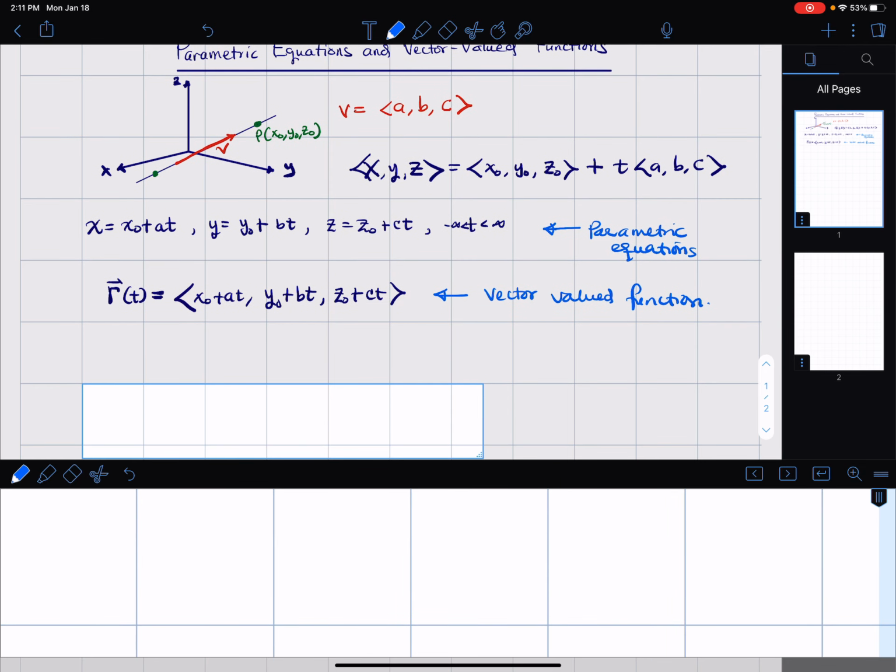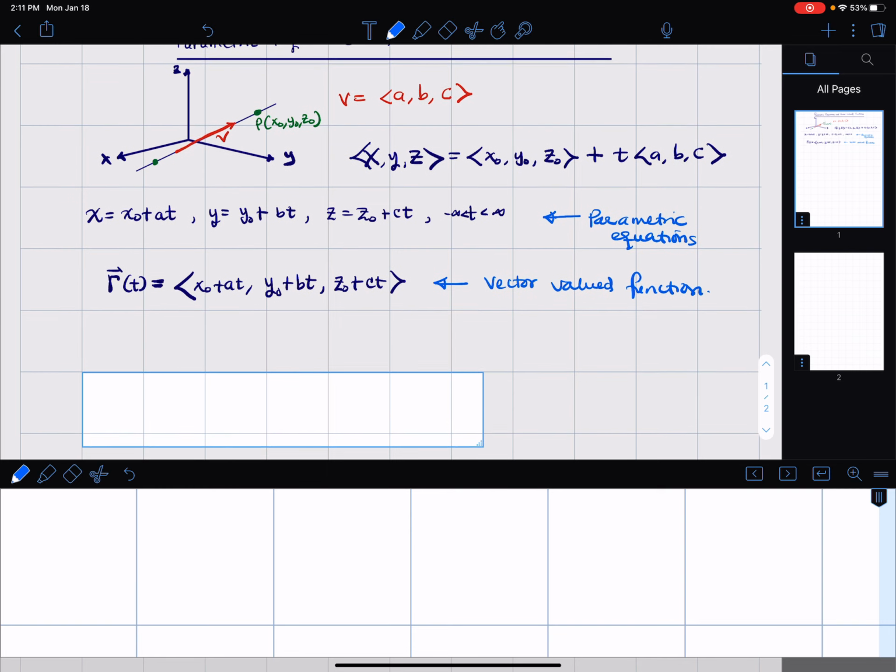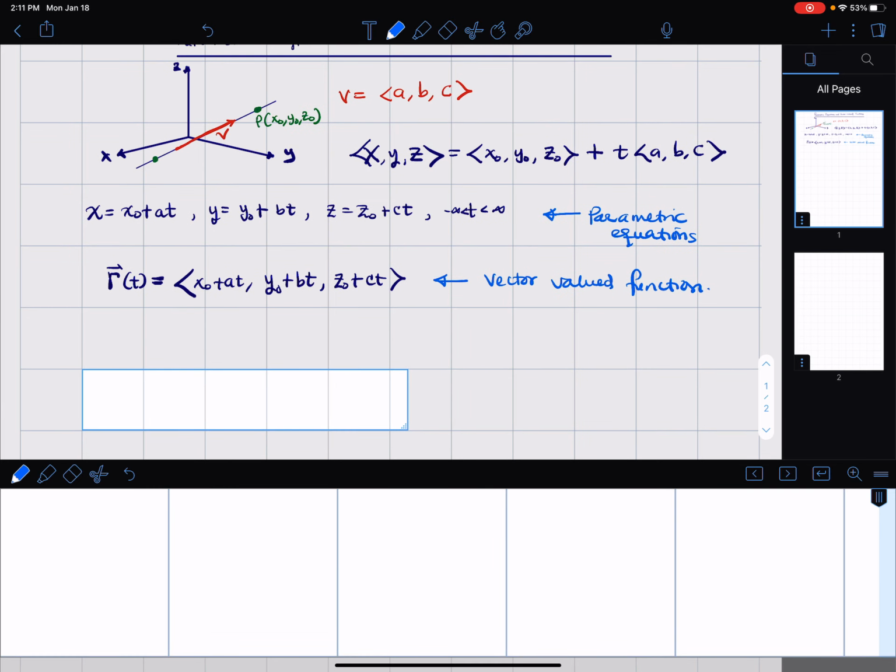So we're going to continue in this line of thinking. We already know that the equation of a line in R3 could be expressed as a parametric equation or as a vector valued function. But we're going to go back a little bit, back to R2, and look at how we can express curves in R2 as parametric equations or as vector valued functions also.